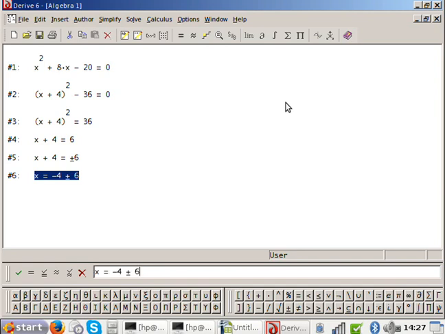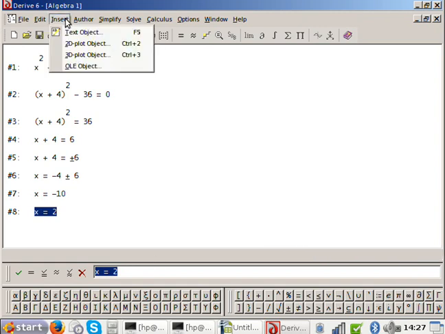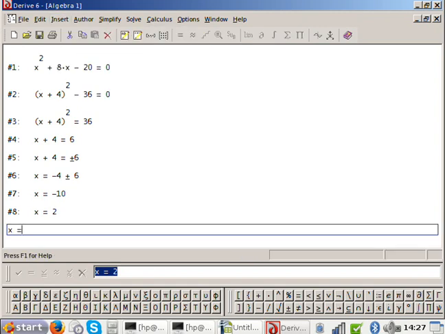So you have two answers. So if I take the minus answer first, minus 4 minus 6? Minus 10, yeah, and then minus 4 plus 6? 2. So again we have two answers. x equals 2 or x equals minus 10.